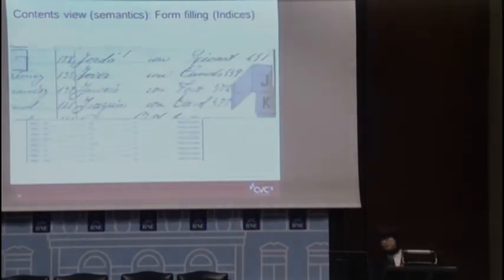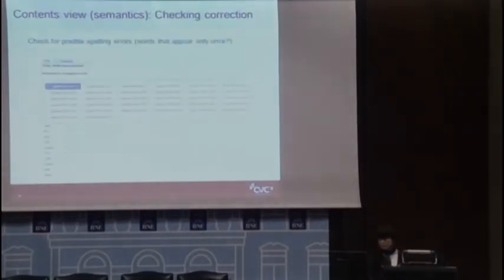Here we have the form filling for each paragraph. One paragraph means one marriage. Here we also have the extraction of the index: this is the surname of the woman, and this is the surname of the man on that page. So this is also fine.